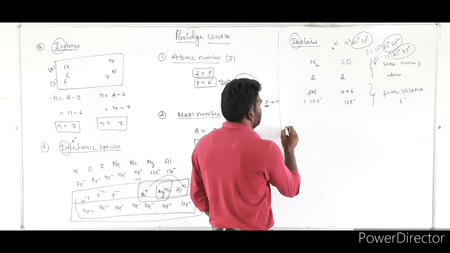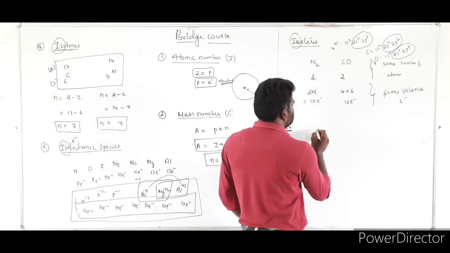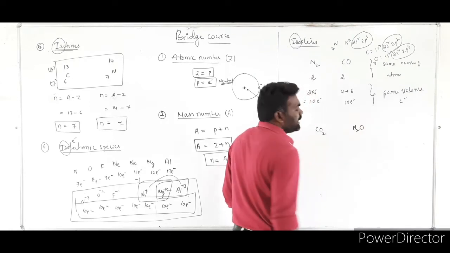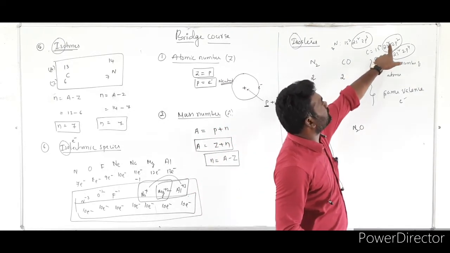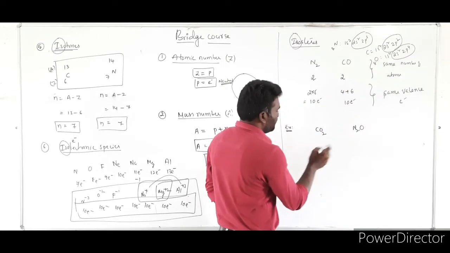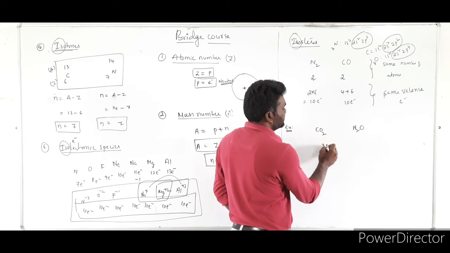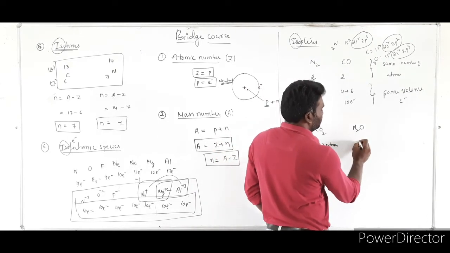Let us take one more example for better understanding. I am taking CO2 and N2O. If you look at this example, first one is number of atoms. 1 plus 2, total number of atoms is 3 atoms in a molecule. Number of atoms, 2 plus 1, 3 atoms.